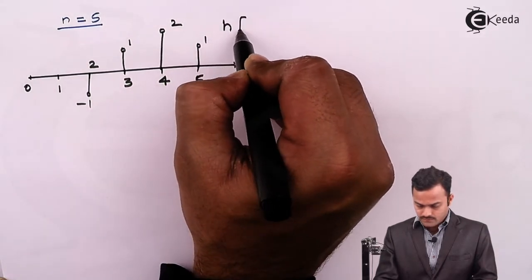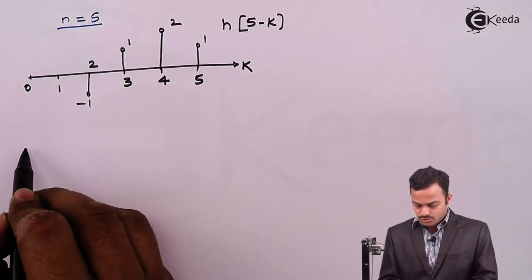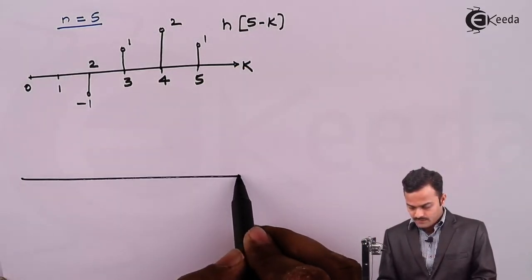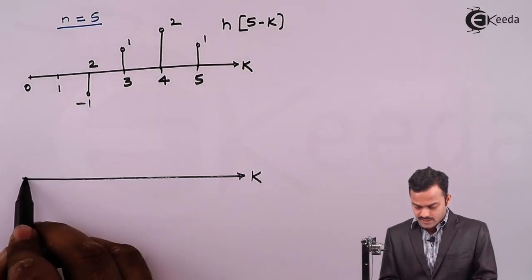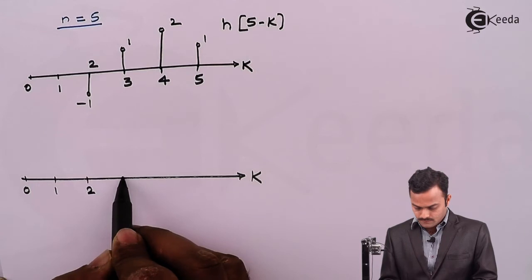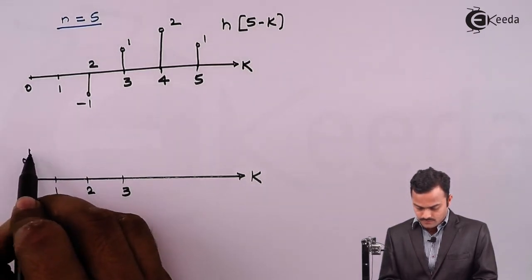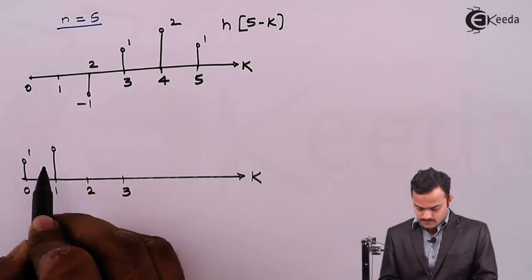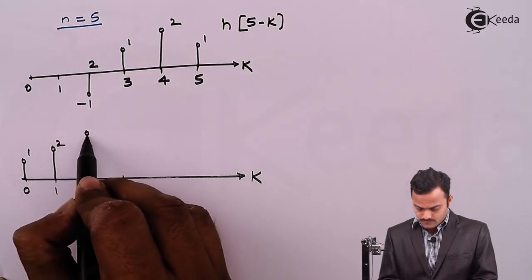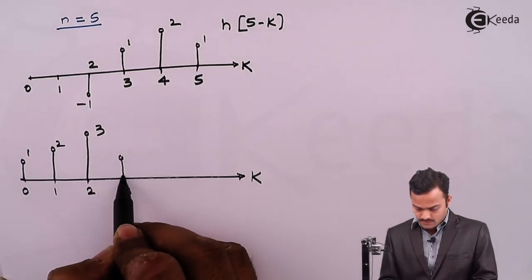So this is h of 5 minus k, which needs to be multiplied with x of k, which has a span from 0 to 3, and the values are 1, 2, 3 and 1.